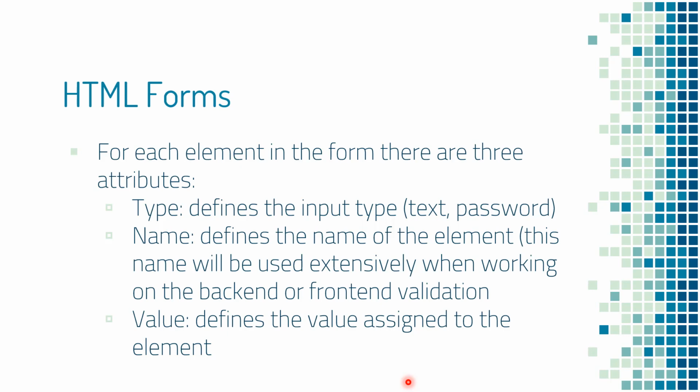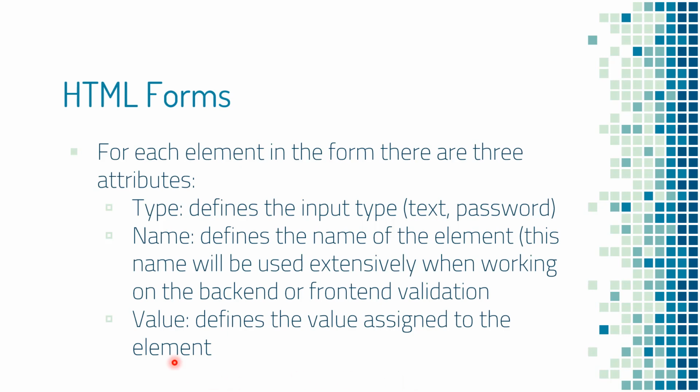As I said, the form is a group of elements or inputs. For each of these input elements, there are three main attributes that you should understand and know how to work with.